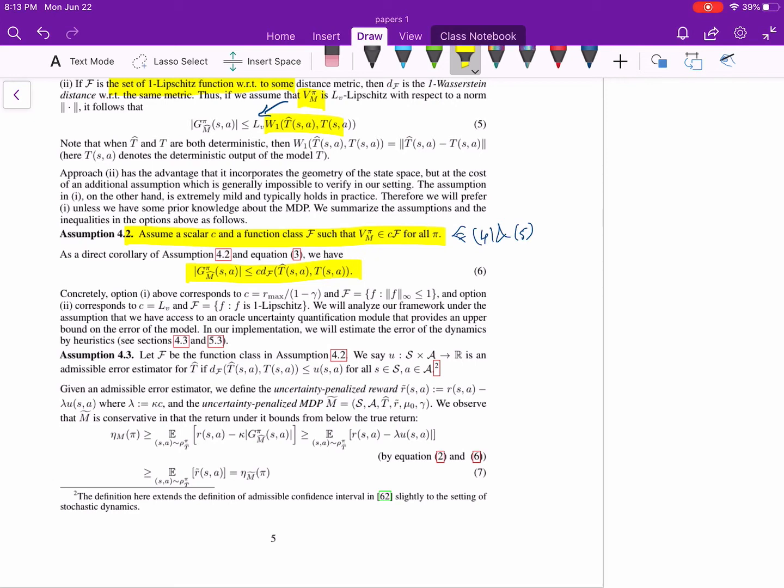Now, moving forward a bit, further you can assume this df is bounded by the uniform function u of sa. This seems to be a stronger assumption, but let's see.